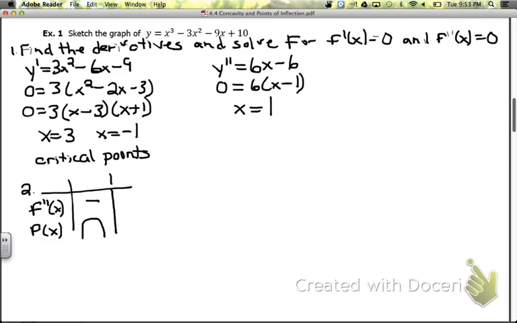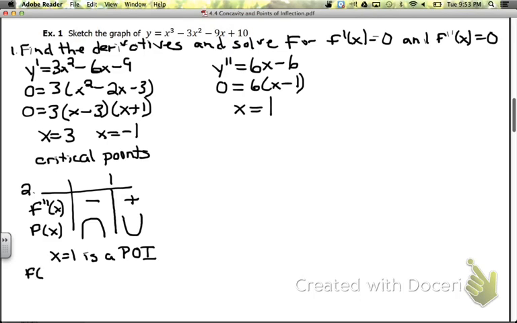And then what about on the right hand side of 1? Well, if we take a value, let's say 1.1, I'm going to get that my f double prime of x is positive, and therefore I know it's going to be concave up. So x equals 1 is a point of inflection.